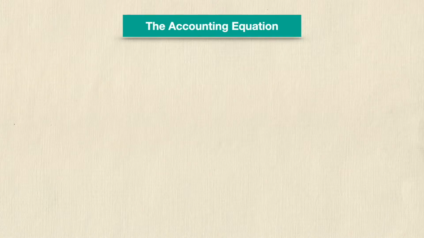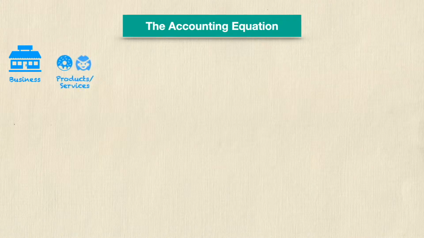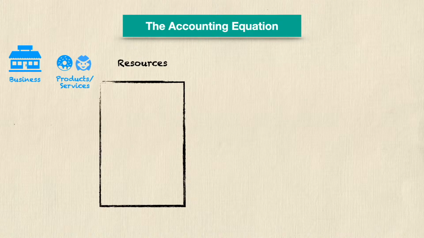In order to understand the components of the accounting equation, we need to go back to the nature of business. A business is formed to provide products and services to its customers. In order to provide these products and services, a business will need resources. Examples of resources that will be required are cash.